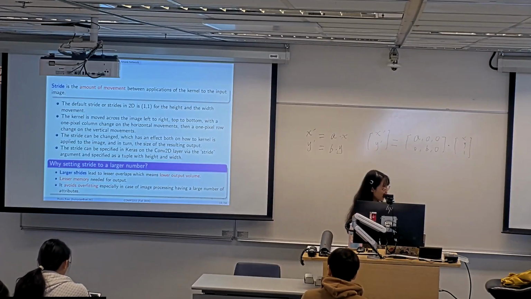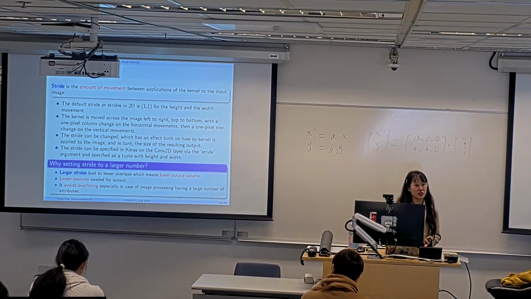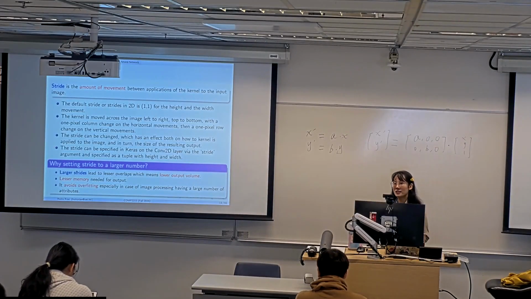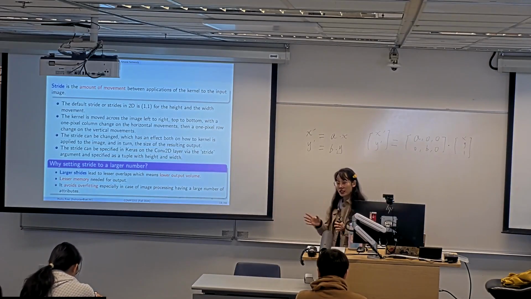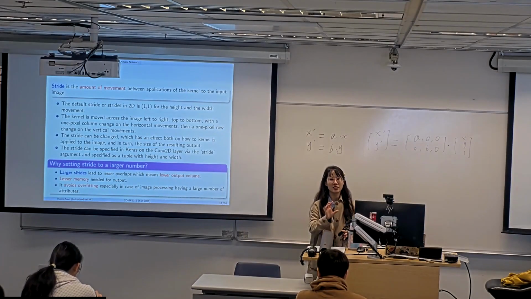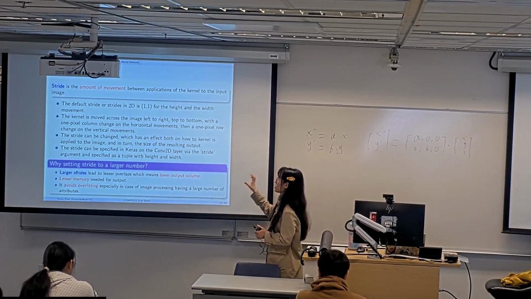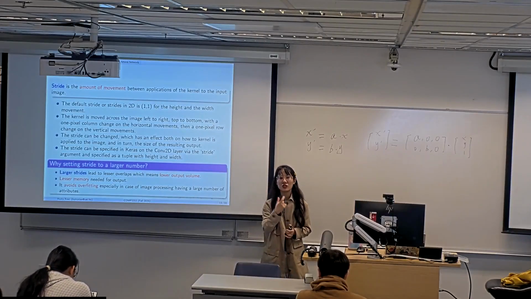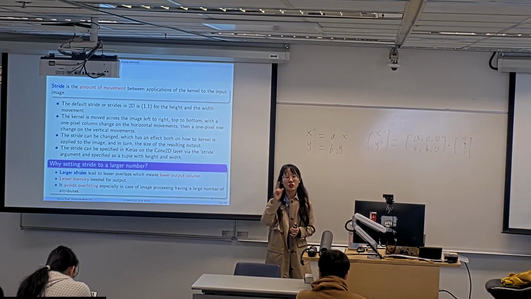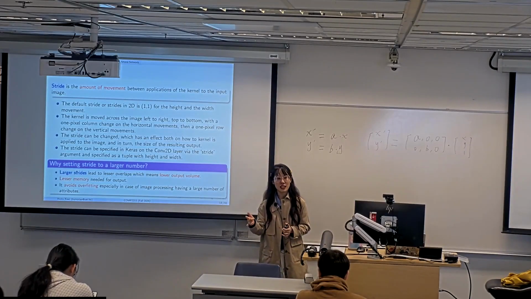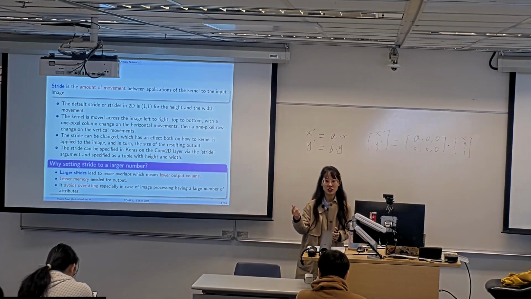Let's imagine what we have done in image convolution. Image convolution is where you imagine that you are sliding the kernel over the whole image, right? Move it step by step. And the stride means that it's not necessary that each time you just move it by 1 pixel. You can jump over some pixels and then do the image convolution.